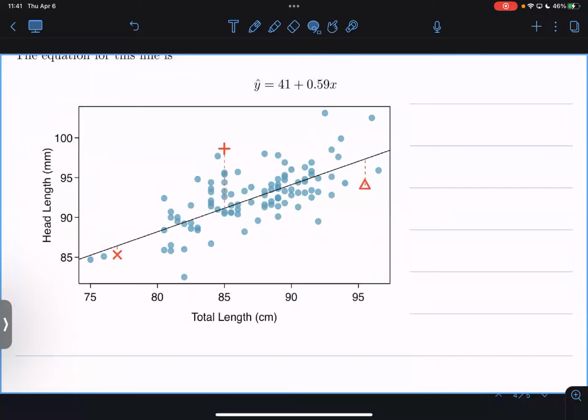Don't fit it by eye, but here we are. So y hat is 41 plus 0.59x. That's that line that they've fit. The reason they do it like this is so that they don't have to introduce how to calculate the slope, how to find the intercept, how to interpret those things yet. So that's what we're doing as well.